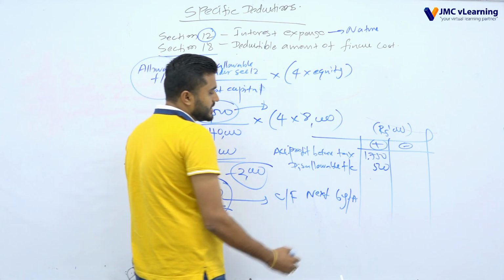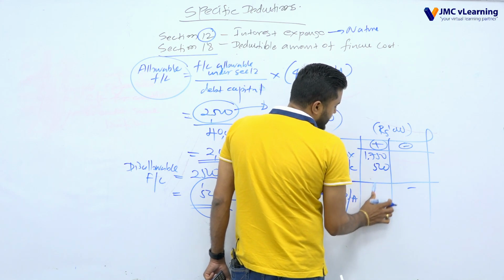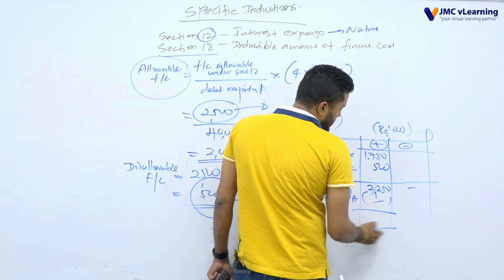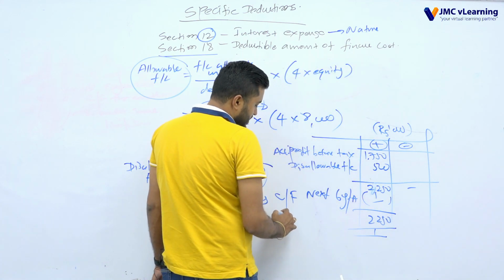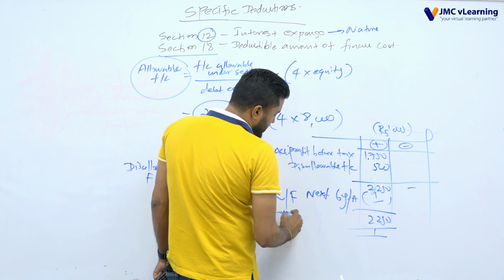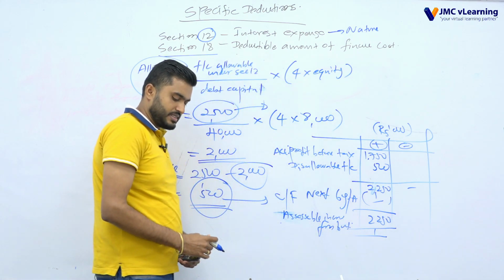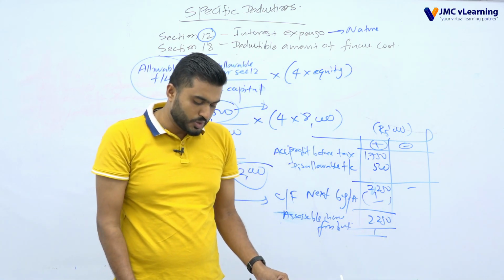Here you can calculate the assessable income from business, which is 2250. That is the application of section 18 and 12.